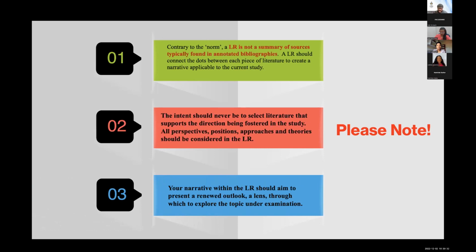For example, within the Caribbean, we have never asked that question, so I am going to ask this question of the region. The thing about that is, because it has never been asked before, you can't think you can present it the same way it was presented elsewhere. Your literature review is supposed to present you with a different way of presenting what has already been presented elsewhere in a new or novel environment. All right.